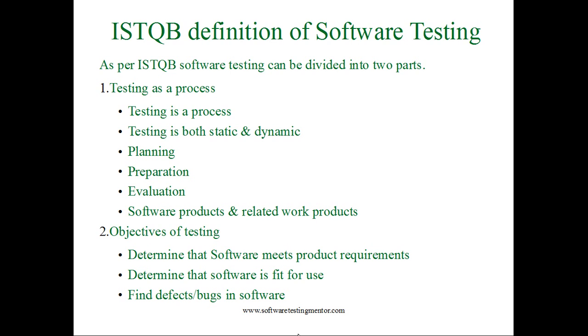What are your objectives by doing the testing? You determine that software meets the product requirements. You determine that software is fit for use. And then you find defects or bugs in the software before it is released into production.